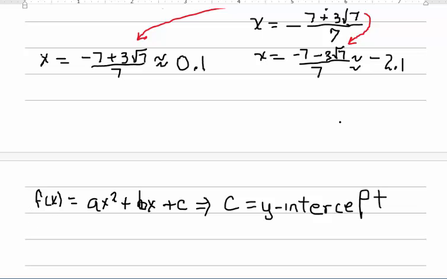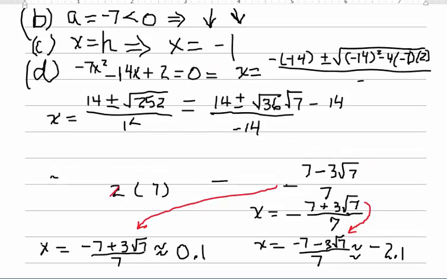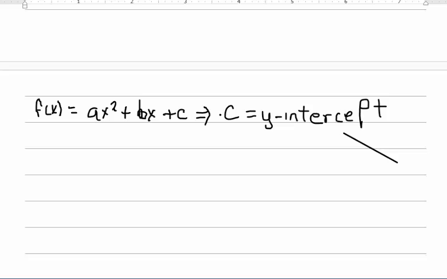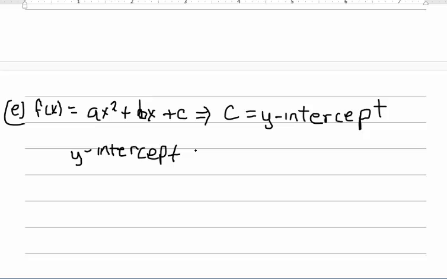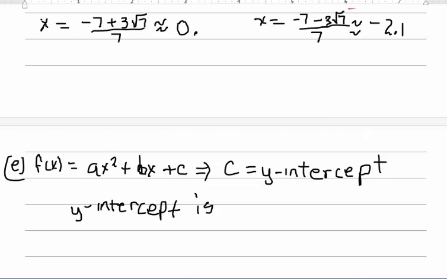So when we go to look for the y-intercept, which is part E of the problem, then the y-intercept is simply the y value 2. C is 2.